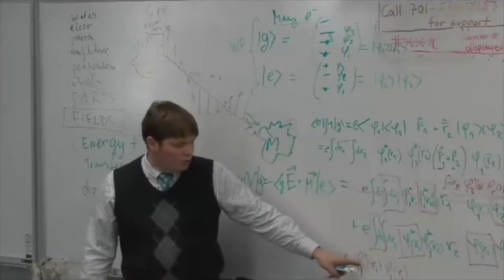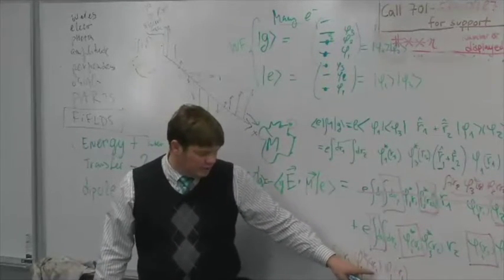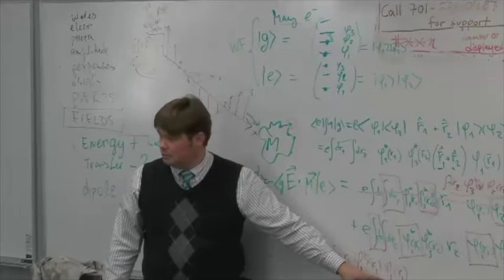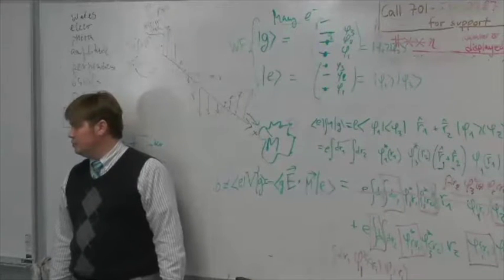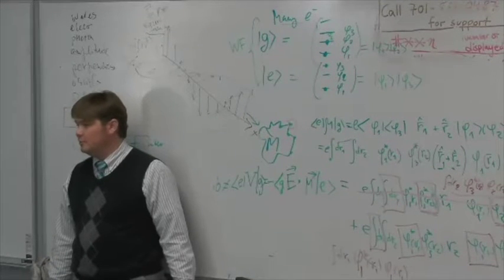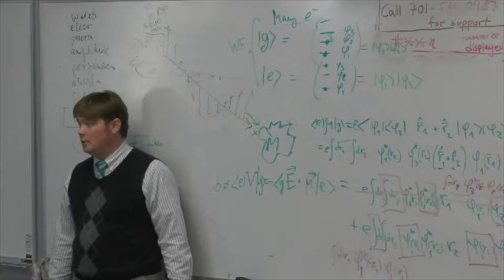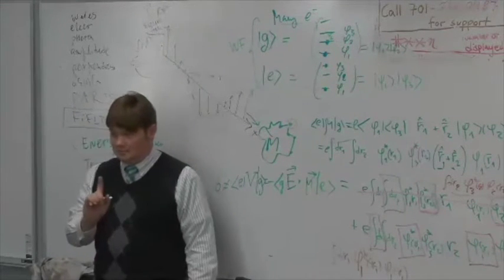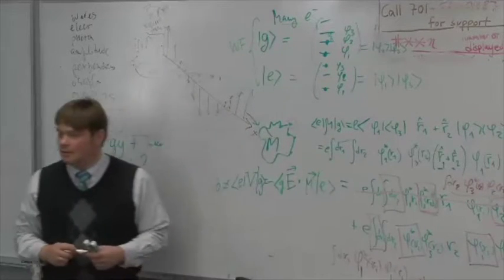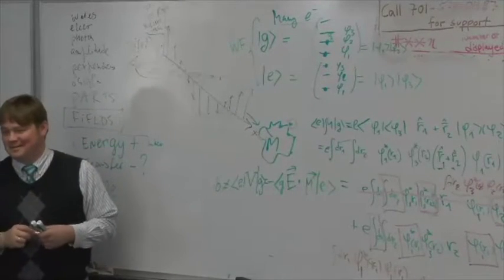So orbital electron at position 1 occupying orbital number 1. So if the orbitals are orthogonal and normalized, then this will be equal to, yes, 1. We're doing the lazy way.